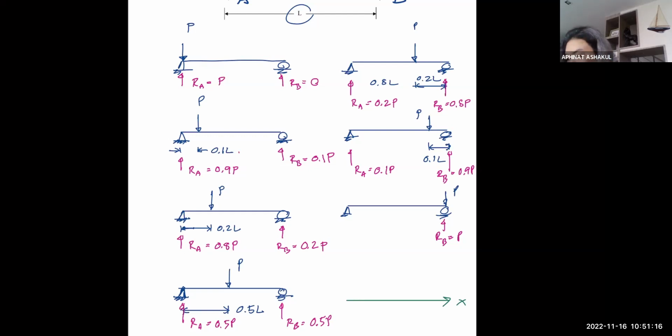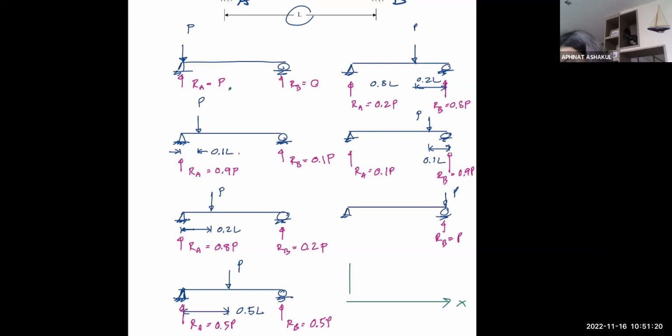So you see from this first picture, I have Y coordinate equal to P when the load is right here at x equal to 0.